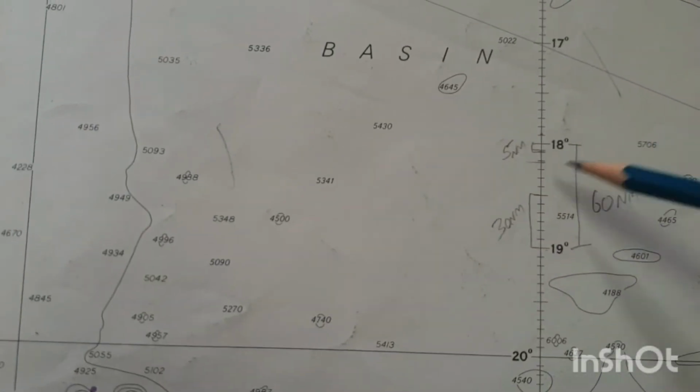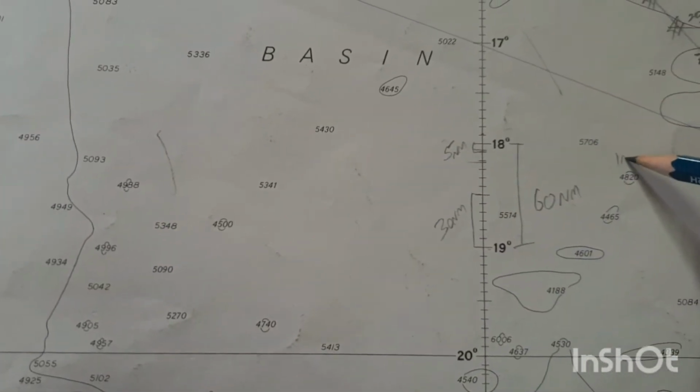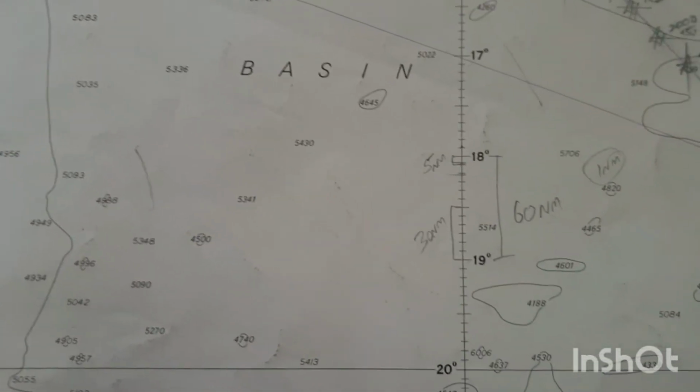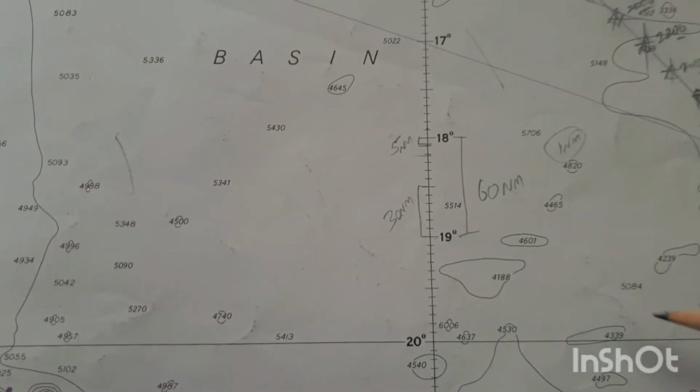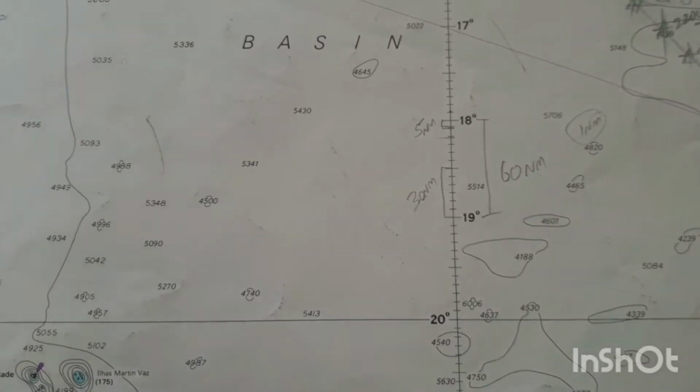So as you see here, the scale for 1 nautical mile is very small. That is the reason this is called a small scale chart.